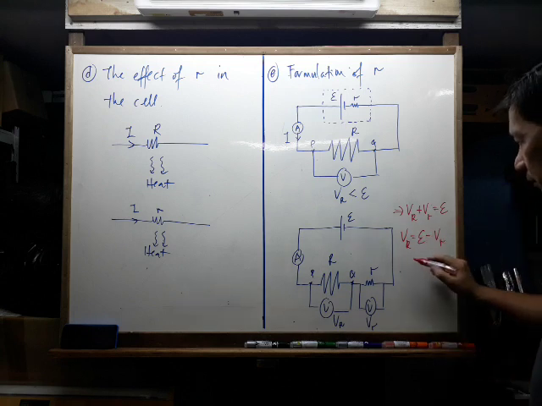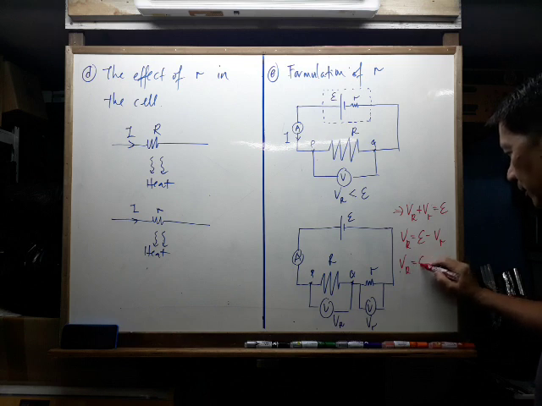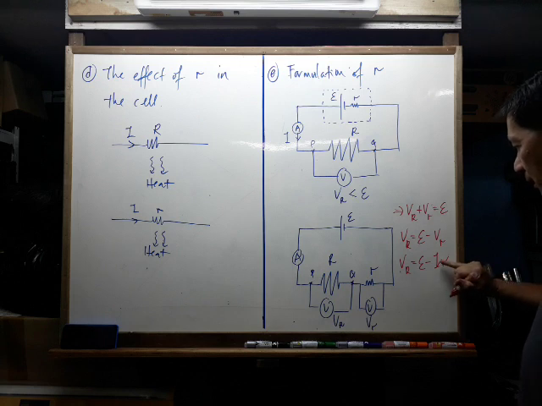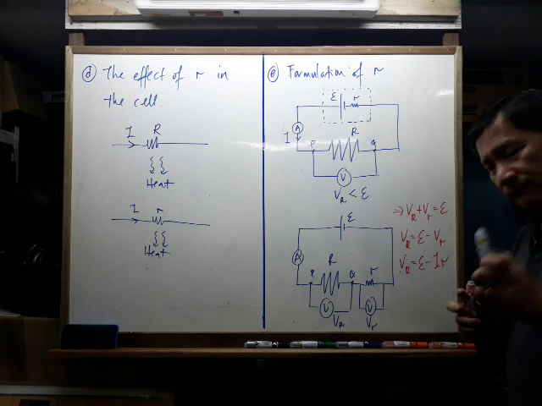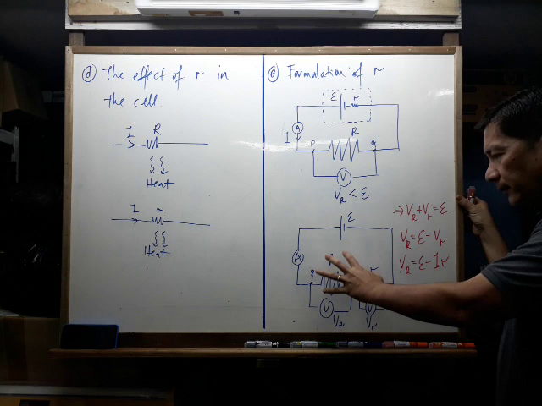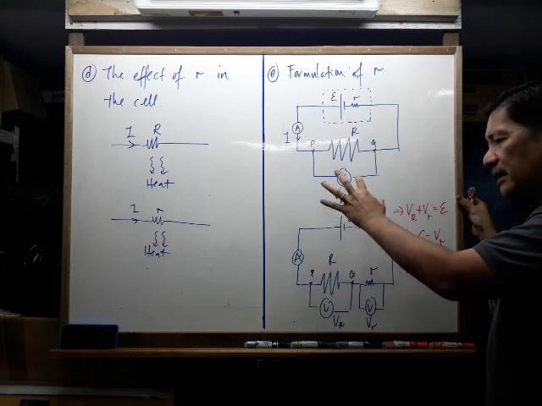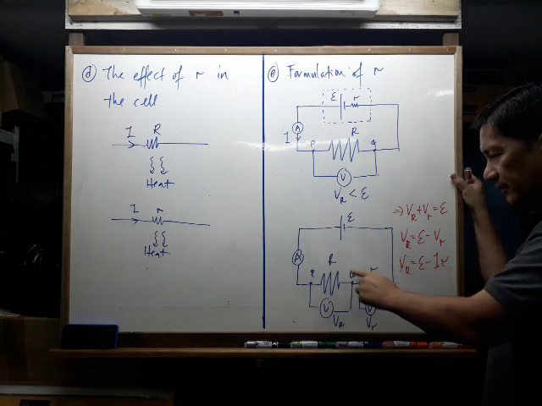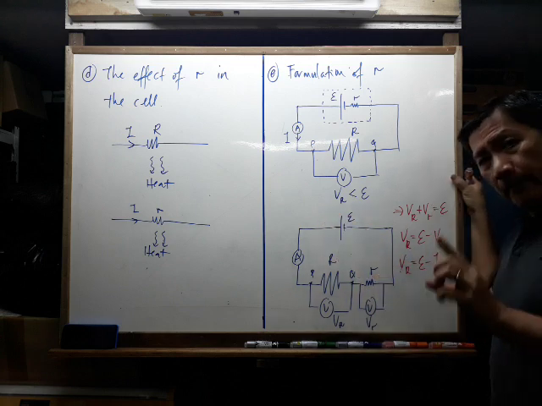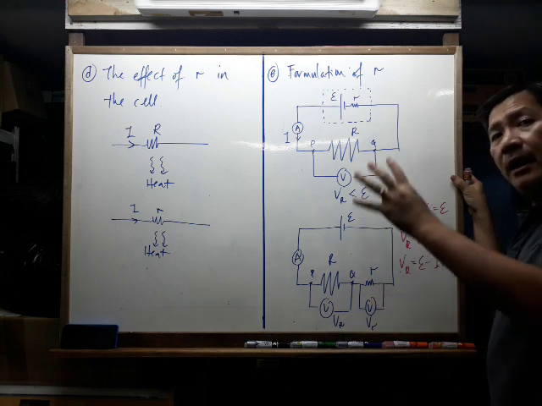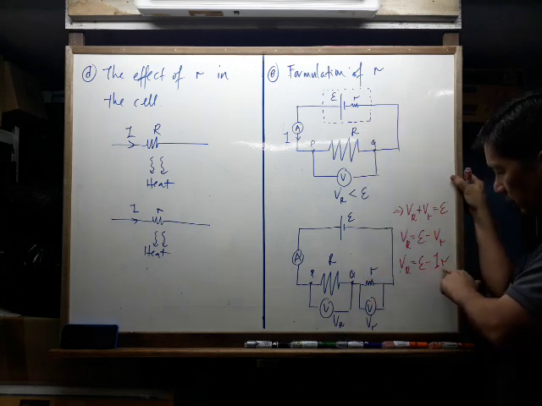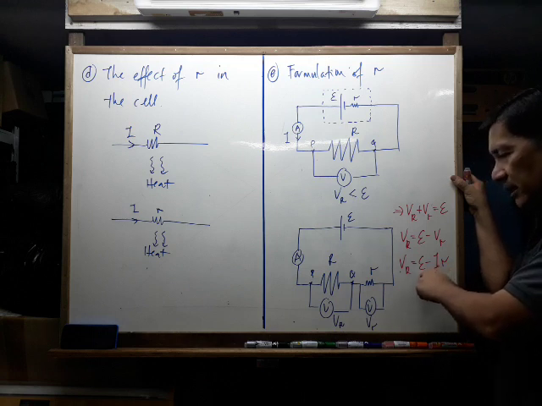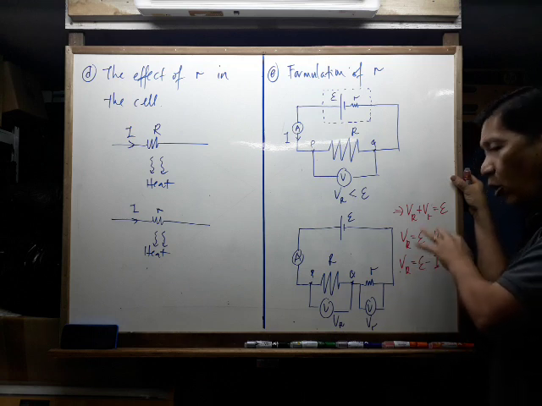But from Ohm's law we know that VR is equal to epsilon minus Ir. Okay. This is I, this is r. So you can see that if you connect an equipment to a cell or battery which has internal resistance r, and if you operate the equipment at high current, this current multiplied by the internal resistance of the battery is going to be subtracted from the EMF, and that means it causes more drop.